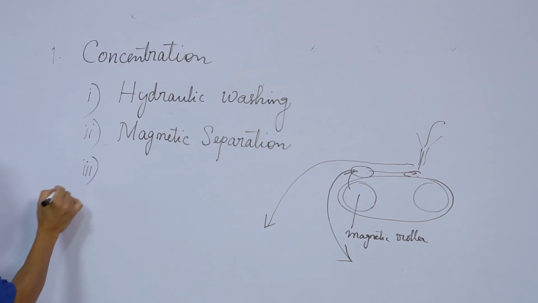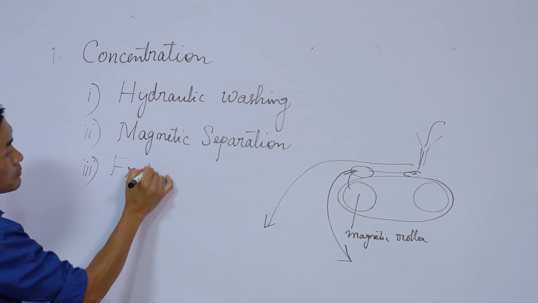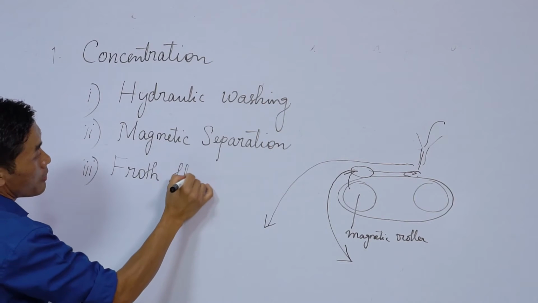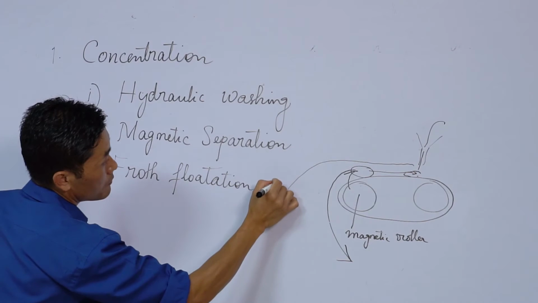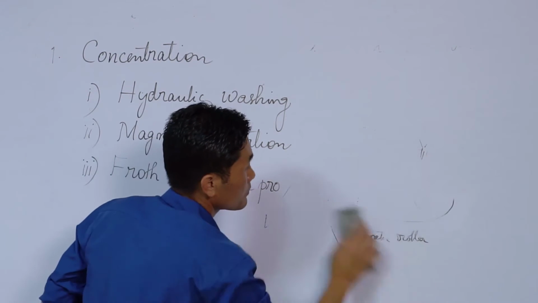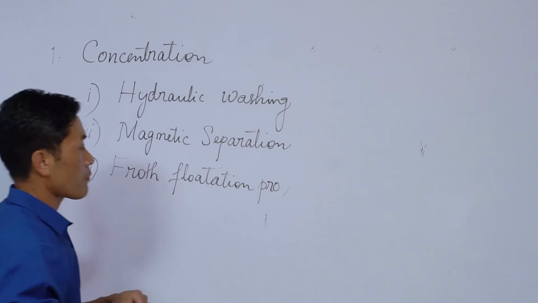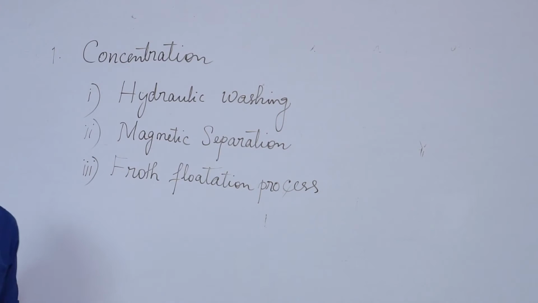The third method we have for concentration of ores is called the froth flotation process. Now, this froth flotation process is used for concentration of sulfide ores.